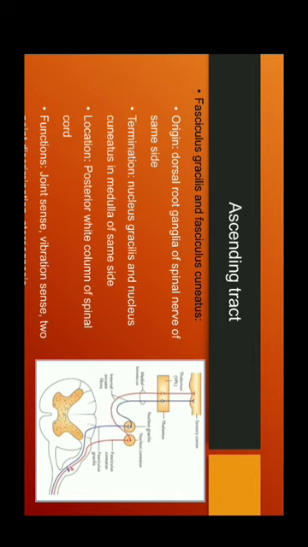We had seen in the pyramids, after the pyramids, the cortical fibers crossed, and that crossing of the fibers is called the pyramidal decussation, and this is called the sensory decussation. The fibers cross to the opposite side and then ascend, relay in the thalamus, and go to the sensory cortex, areas 3, 1, 2.